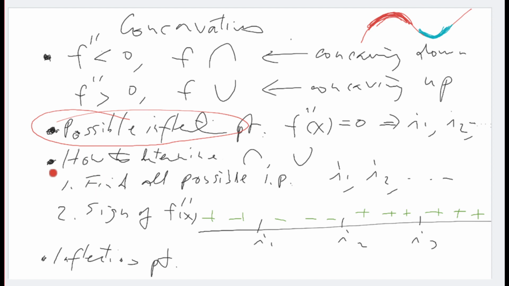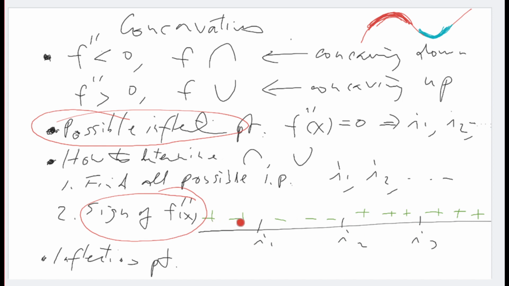Next, how do we determine the intervals where the graph concaves up and the intervals where the graph concaves down? Here are the steps. Step 1, we find all possible inflection points. Step 2, we create a sign chart for the second derivative. This time it's the sign of the second derivative. Say we find I1, I2, I3, three of them.